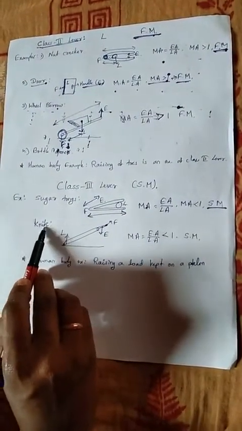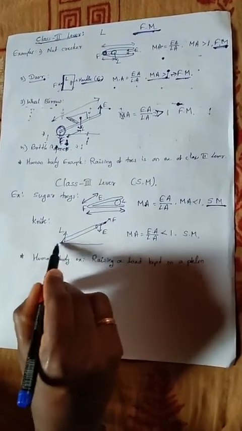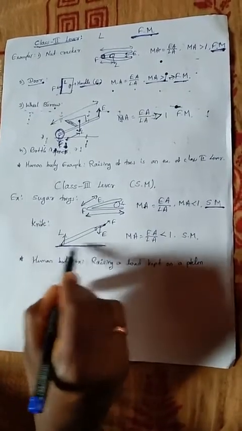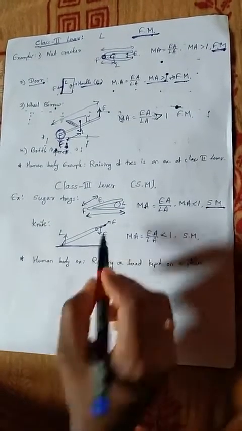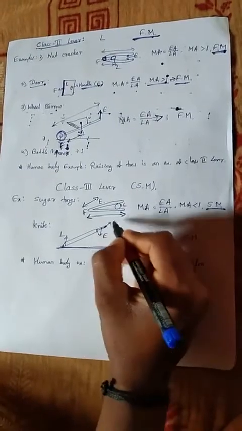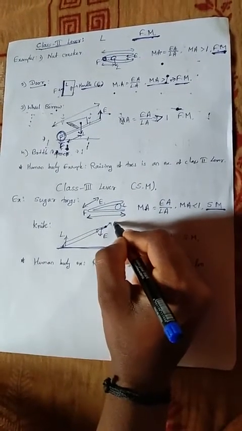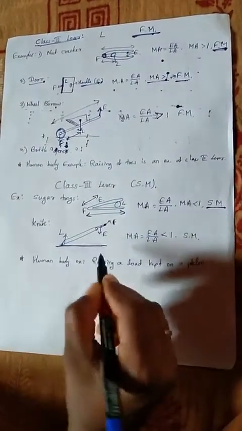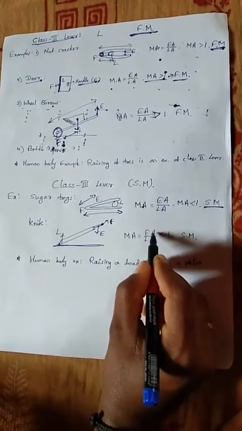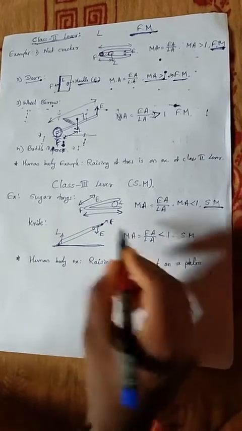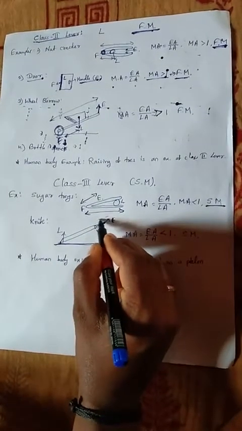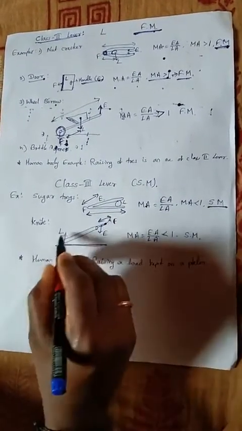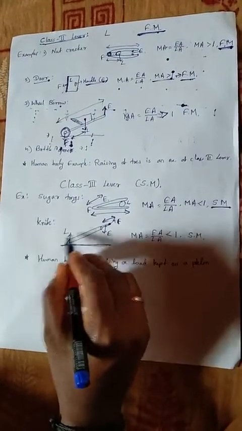Next example is a knife. Assume that this is a table. Here is a knife. This edge acts as the fulcrum. Here is the effort, and this is the load. Same formula, mechanical advantage is equal to effort arm by load arm. From the fulcrum to the effort is the effort arm, and from the fulcrum to the load is the load arm.